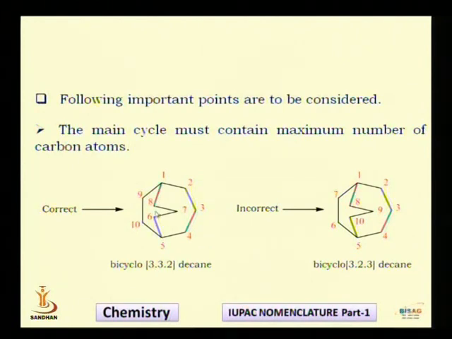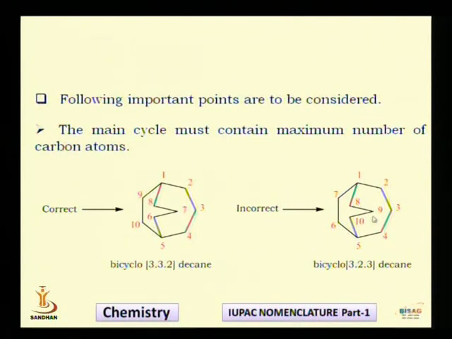This becomes the second half of my main cycle, so I am writing 3 because there are 3 atoms. And this is my principal bridge, and there are 2 carbon atoms on the principal bridge, so I am writing 2. Up to the principal bridge there is no superscript. So the figures are 3 3 2, and the total number of carbon atoms is 10, so the hydrocarbon name is decane. The complete name is bicyclo 3 3 2 decane.